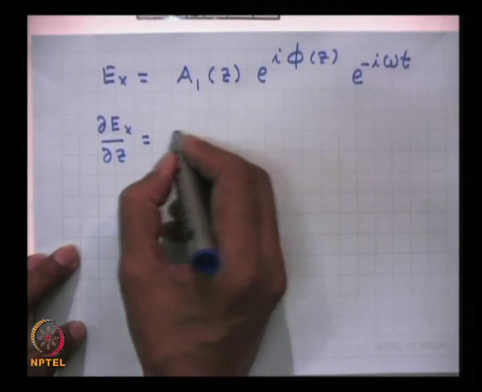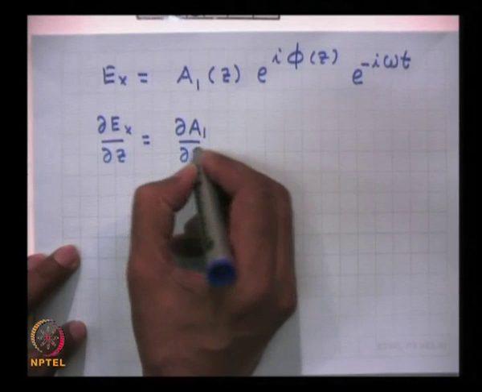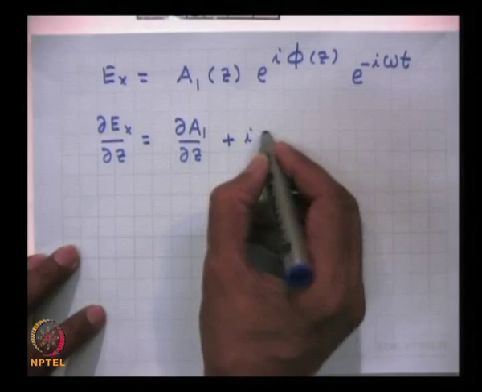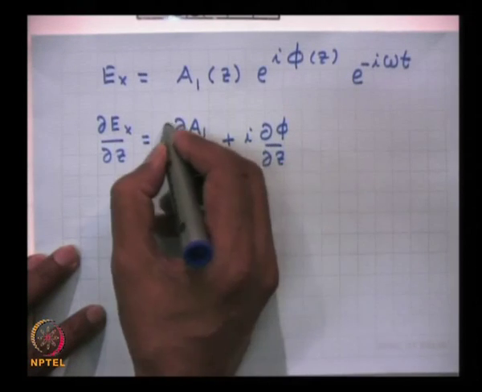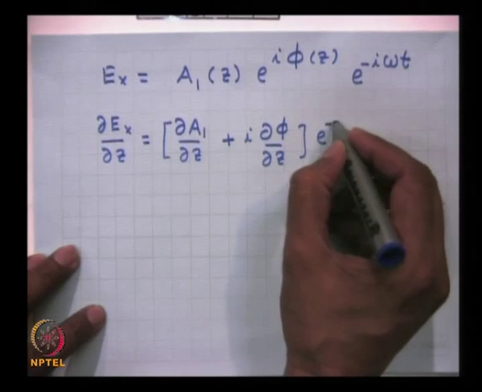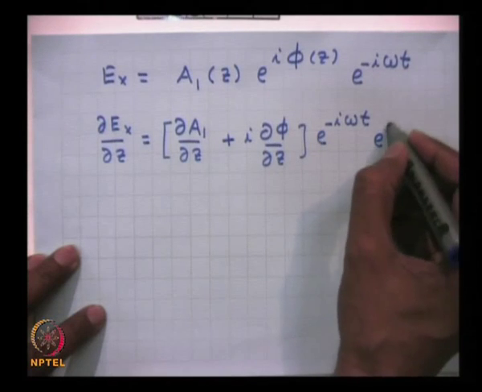This will be equal to delta A1 by delta Z plus I delta phi by delta Z into A1, into exponential of minus I omega t into exponential of I phi.